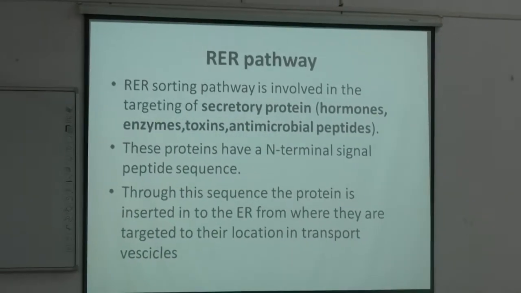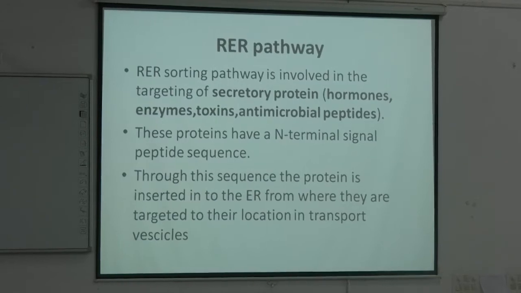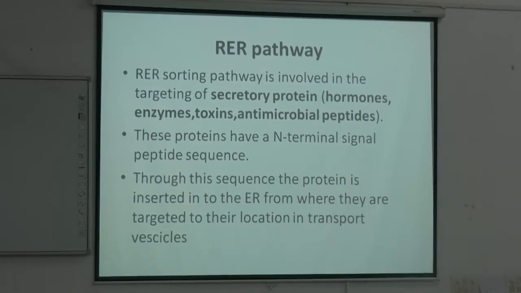These proteins have an N-terminal signal peptide sequence. That is very important. In an amino acid chain, there are two termini: one is the C terminal, another is the N terminal.